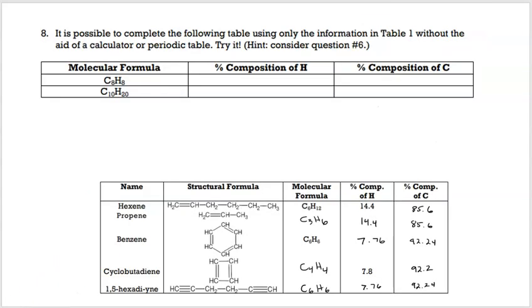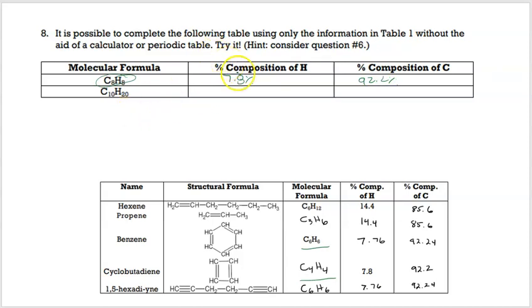All right, so let's do some practice. We have a 1-to-1 ratio here for this first one, CH, right? So we could go through all the trouble of calculating the percent composition for carbon and hydrogen and writing those in here. But we already have information. If it's a 1-to-1 ratio, like C6H6 or C4H4, we automatically know that it's going to be about 7.8% hydrogen and 92.2% carbon, right?